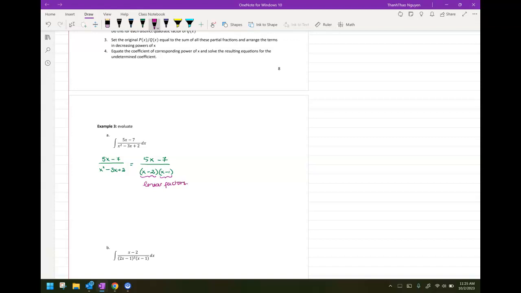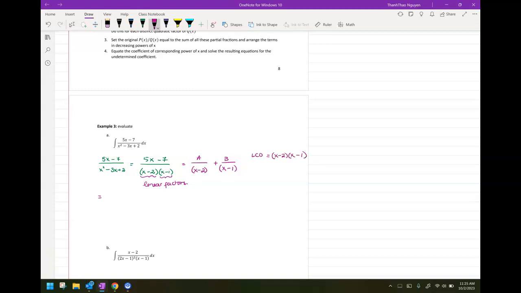Okay, so I can rewrite my partial fraction as a divided by x minus 2 plus b divided by x minus 1. Let's go ahead and add these two fractions together. Note that the least common denominator in this case is x minus 2 times x minus 1.